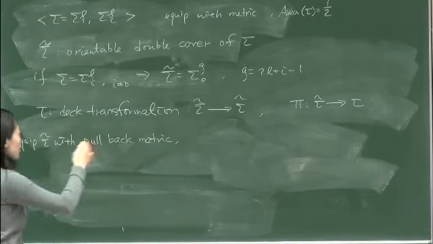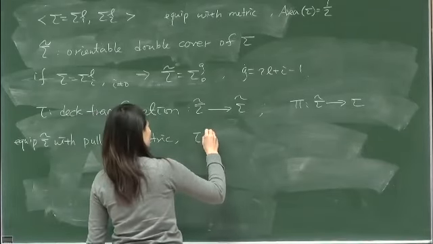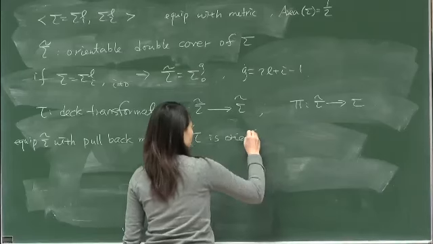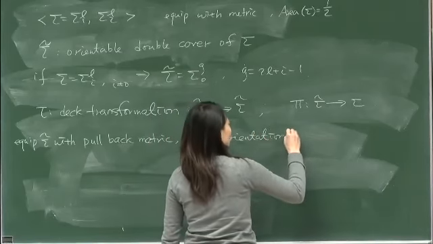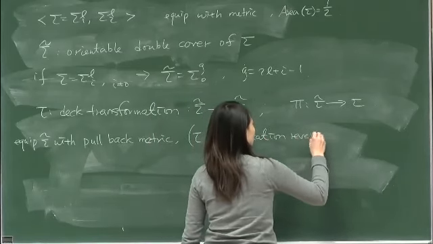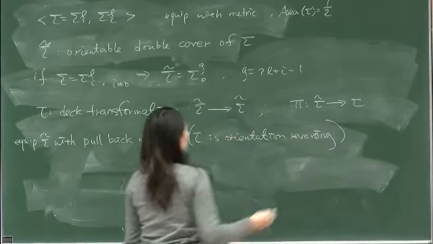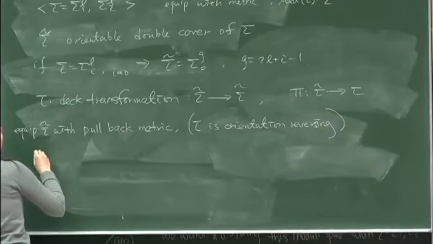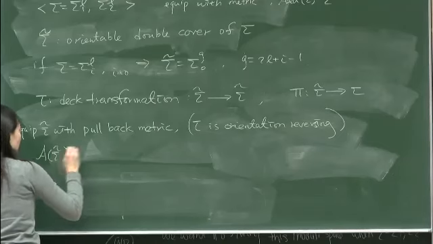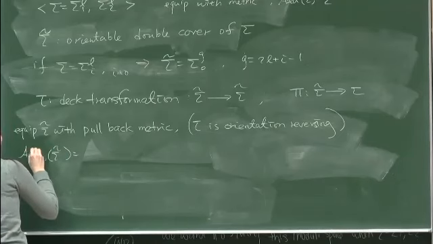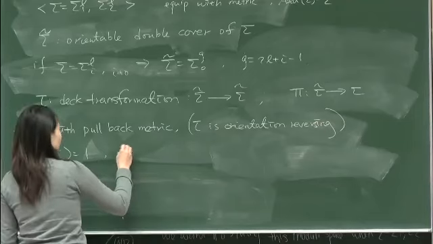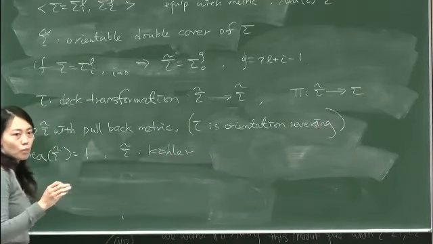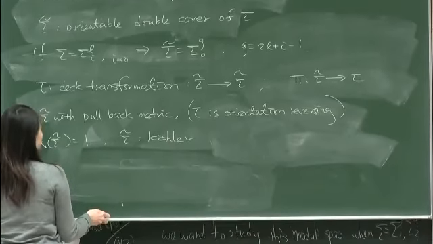Notice that tau is orientation reversing. So together with this metric, the area is now 1, and sigma tilde is equipped with this metric and the orientation.